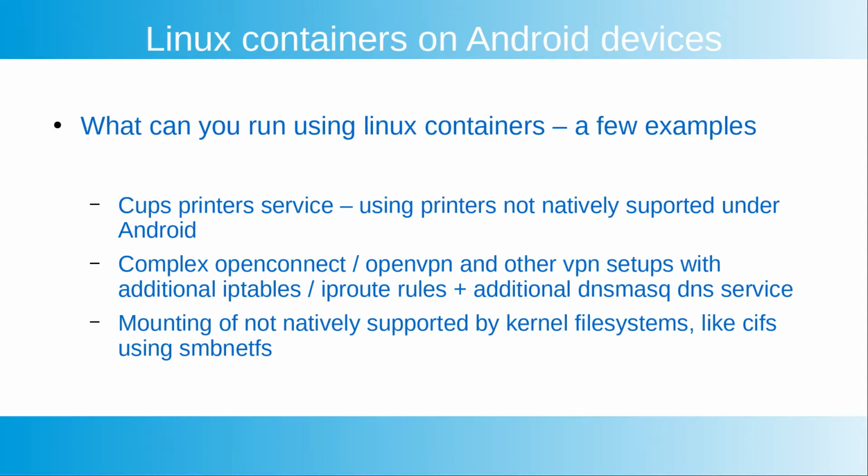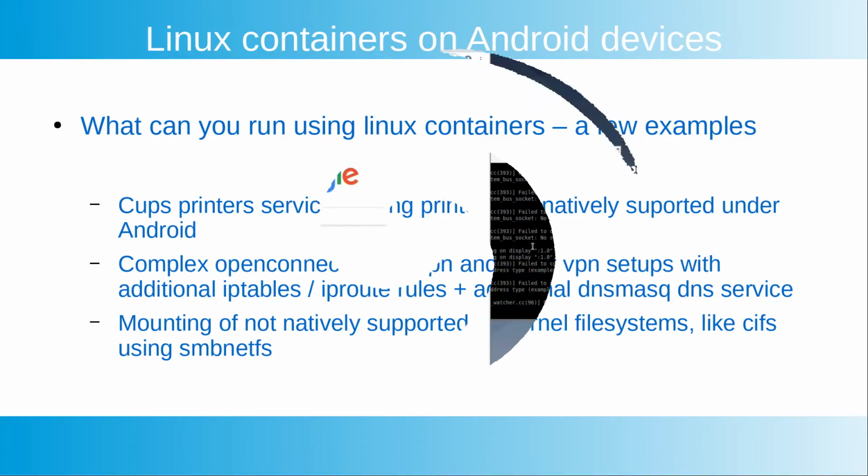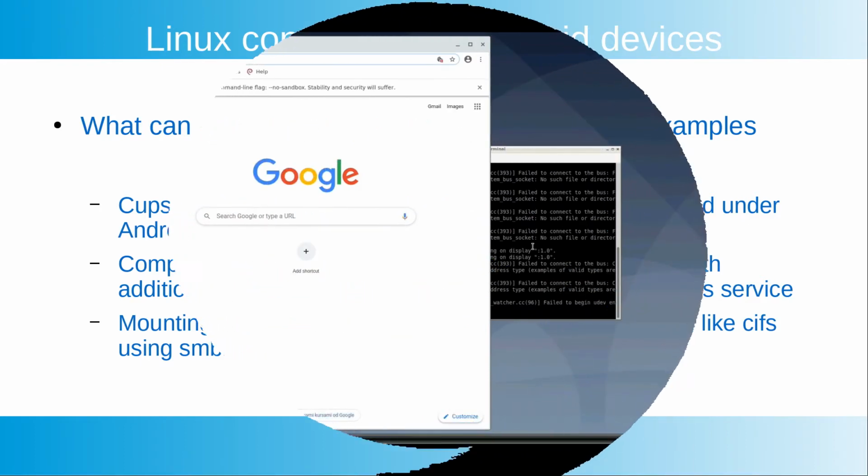I also use a CUPS service configured inside one of my containers, so I'm able to use my printer, which is not ready to be used natively with Android, using CUPS without needing any external third-party services. Also I use SMBNetFS. I also had a video about that in the past, but now it's on a really different level because it is more secure.